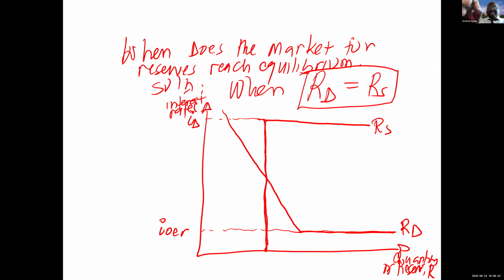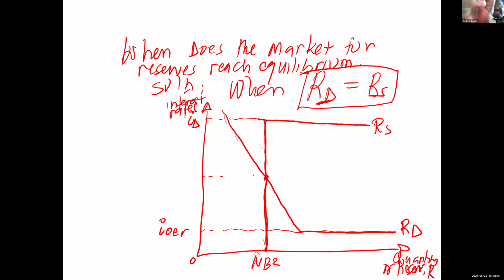Now, starting from zero, remember the vertical line here determines the nonborrowed reserves. Anything to the right of that vertical line is borrowed reserves. The demand curve slopes downward and intersects the supply curve at this point. That's the point of equilibrium, because at equilibrium the quantity demanded must equal the quantity supplied of reserves.